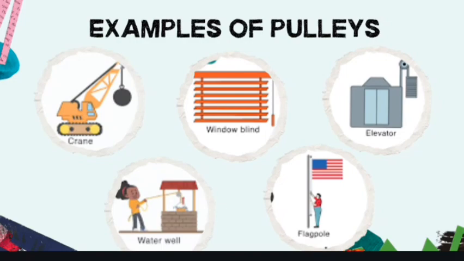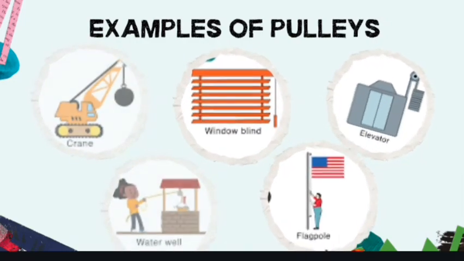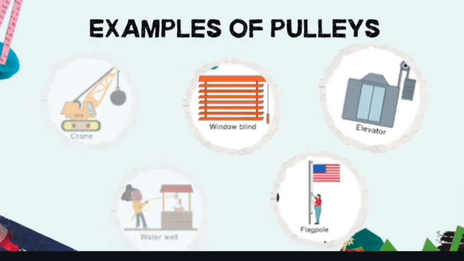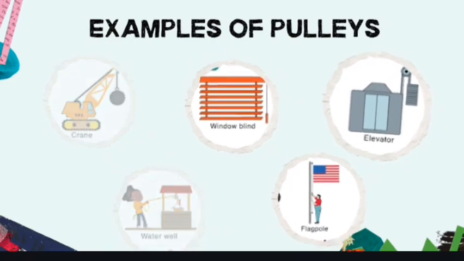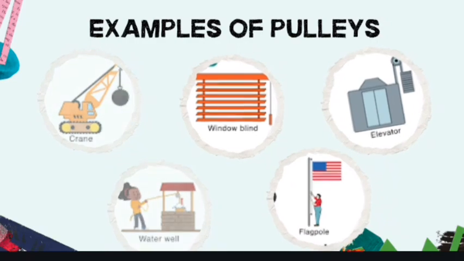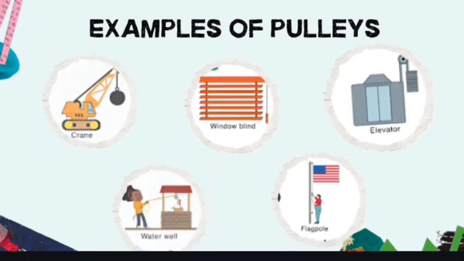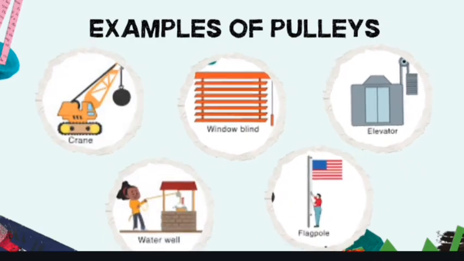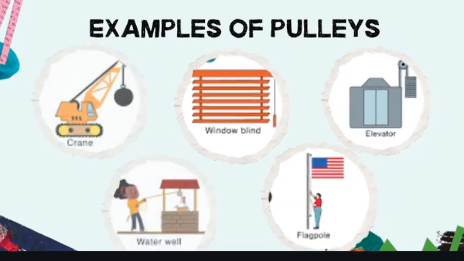Okay. And we have the flag pole. You don't just climb a pole and put a flag on it. You use the pulley to flag a pole. Okay, so that's an example of pulleys. You can find more examples too.